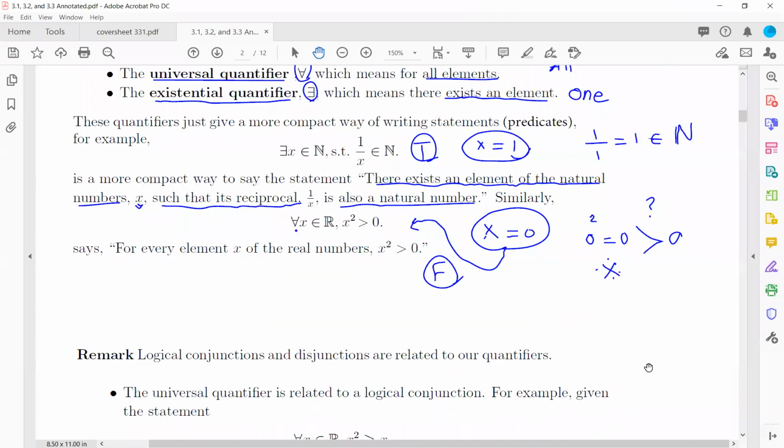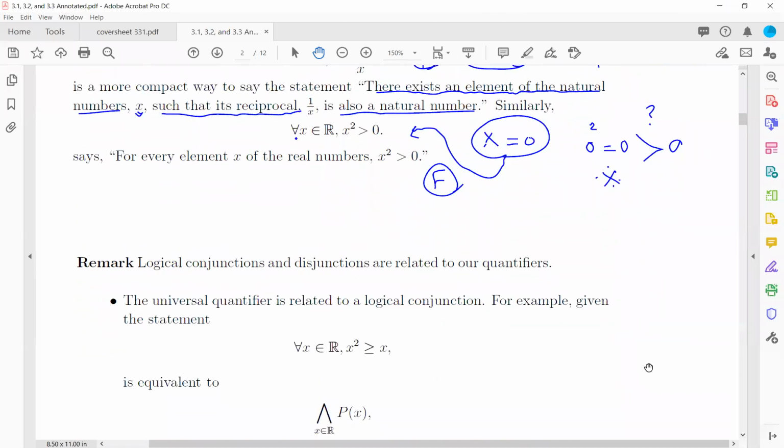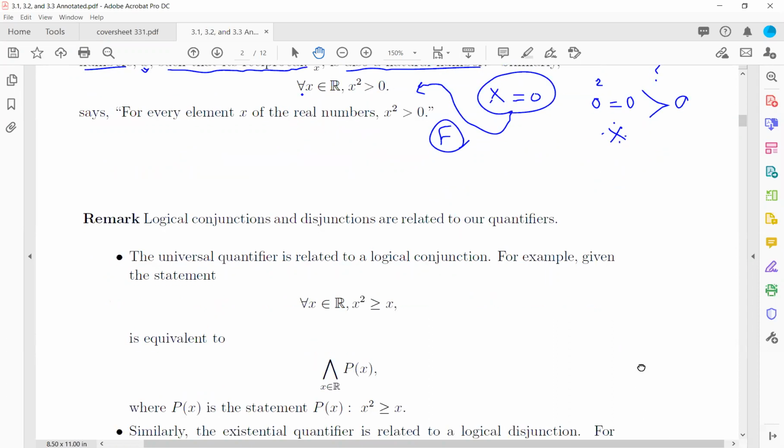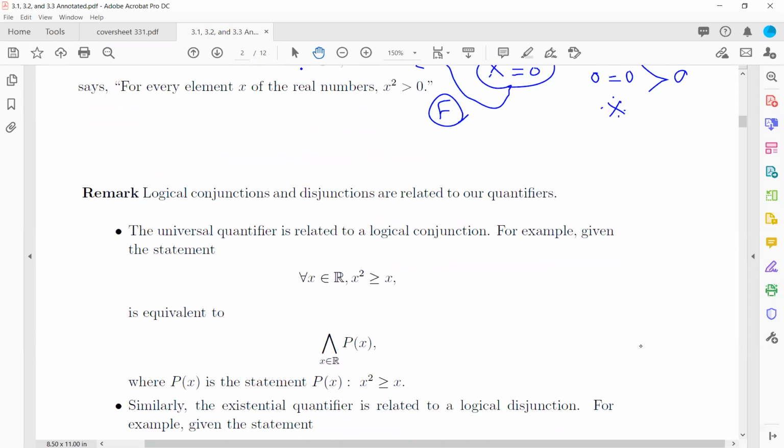Very well. Logical conjunctions and disjunctions are related to our quantifiers. The universal quantifier is related to a logical conjunction. For example, consider for any x in R, x squared is greater than or equal to x.